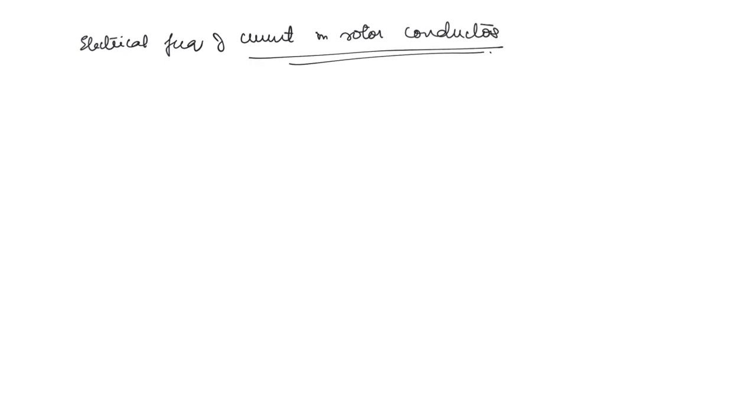Now what about the electrical frequency of rotor current? Electrical frequency of current in rotor conductors. Will it be the same as the frequency of the currents flowing through the stator, or will it be different? So we have taken Fe as the electrical frequency of stator currents.